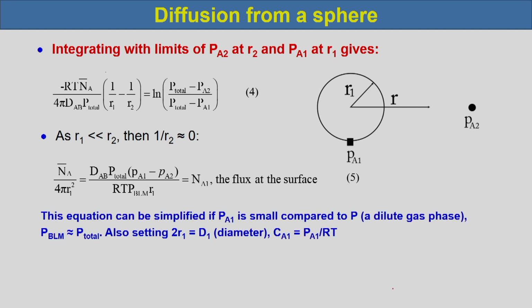PBLM is the log mean partial pressure difference, as we have discussed before.